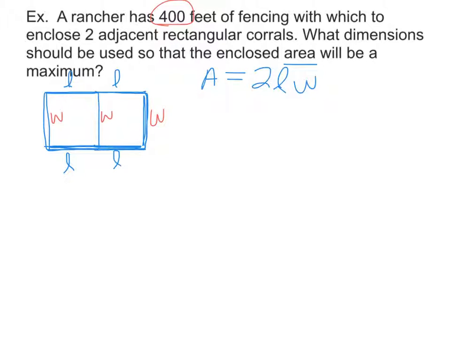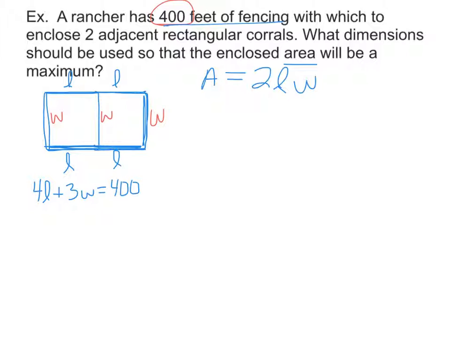But we do know, based on this, that I have 1, 2, 3, 4 L plus 3W has got to equal 400 here. There's our secondary equation. Not our normal perimeter formula, because I have that second piece through the middle, but we're talking about 400 feet of fencing. We're looking at our linear feet, or our perimeter, if you will.